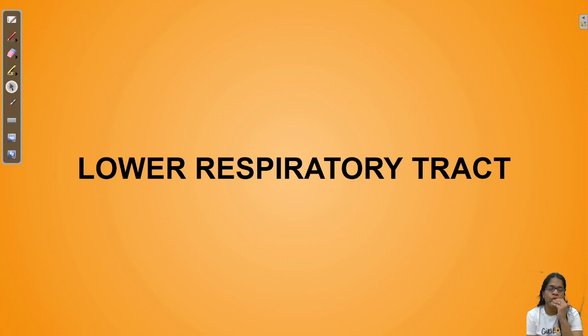The larynx is called the voice box, from which the next part of your lower respiratory tract starts, which is called the trachea. And the trachea contains 20 to 30 C-shaped cartilaginous rings. Why are they C-shaped instead of round? You know that there is a food pipe called the esophagus, through which food enters your body, right?